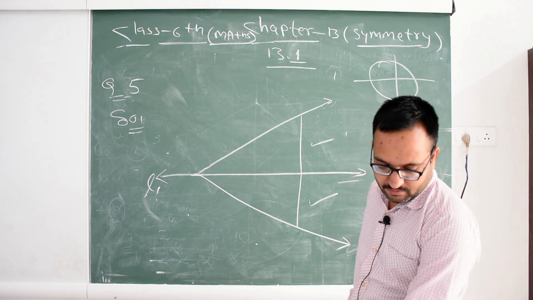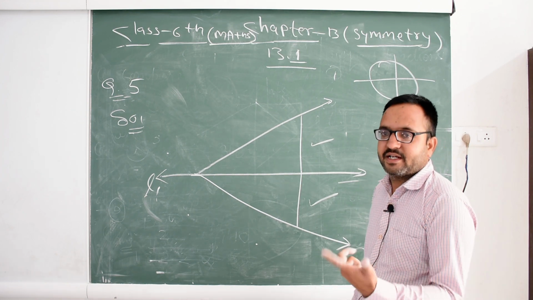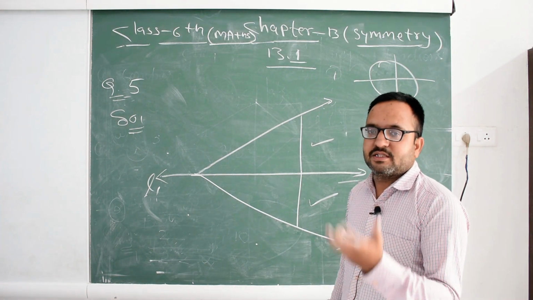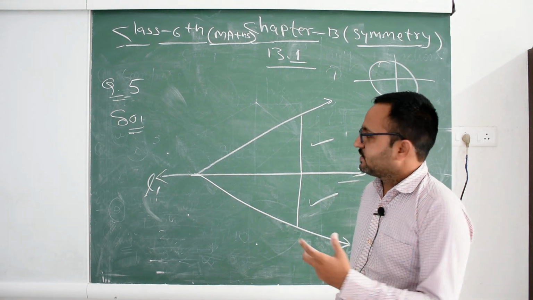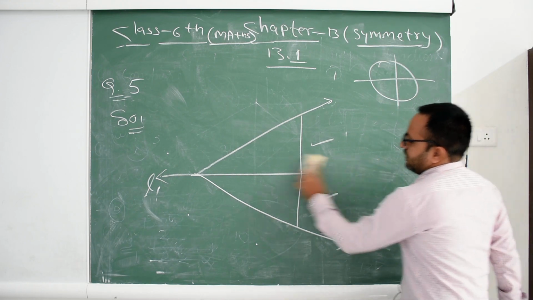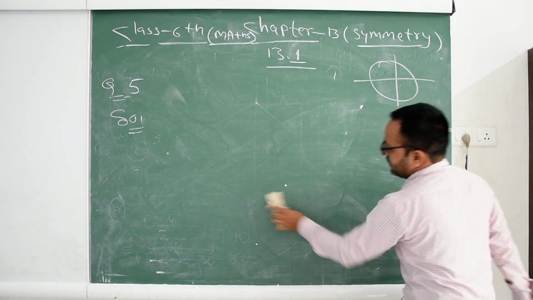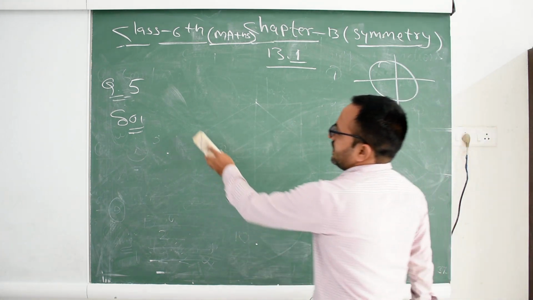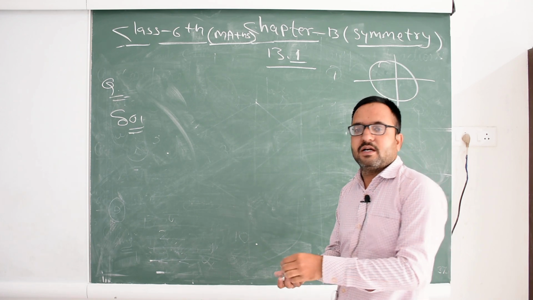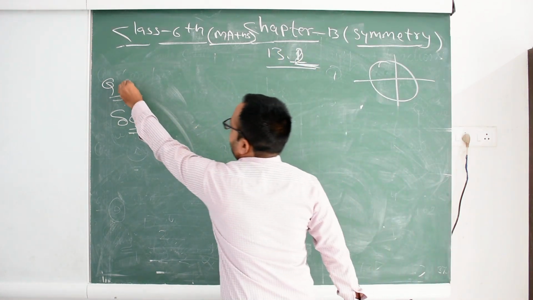Okay, now we see some figures like rectangle, square, circle. Are these figures symmetrical or not? Okay, so now we check in exercise 13.2. We have different types of 2D shapes, and now we check whether this figure is symmetrical or not for exercise 13.2.